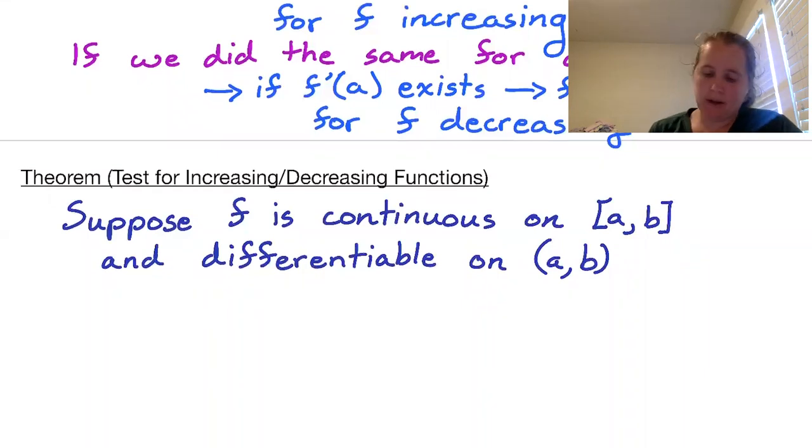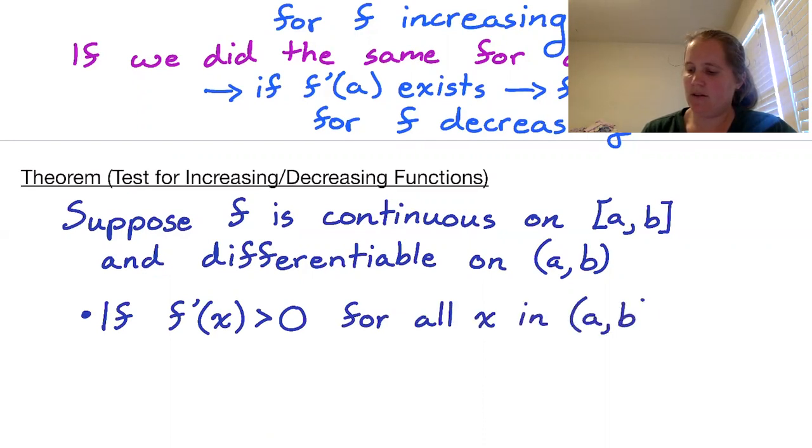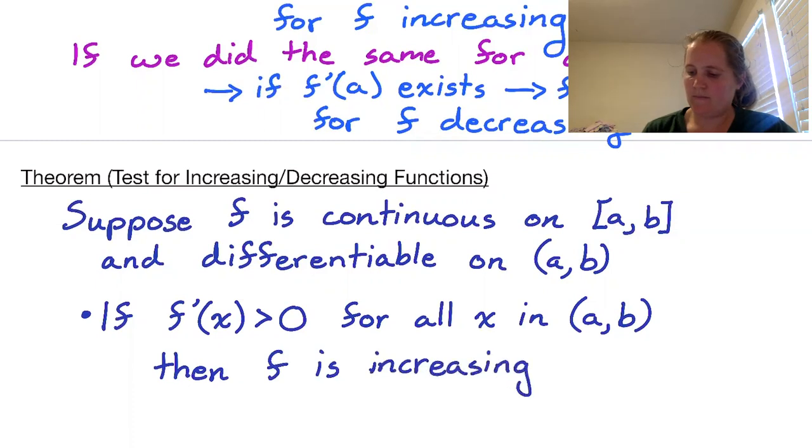Then we'll have 3 pieces. First, case 1: if f prime of x is greater than 0 for all x in the open interval (a, b), then we have that f is increasing on the open interval (a, b).